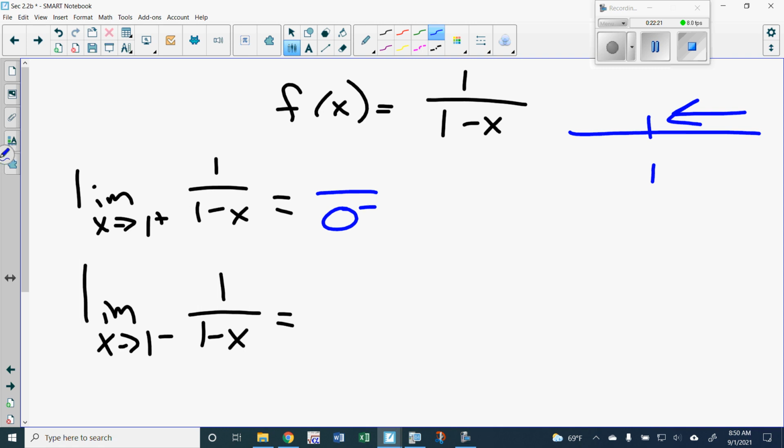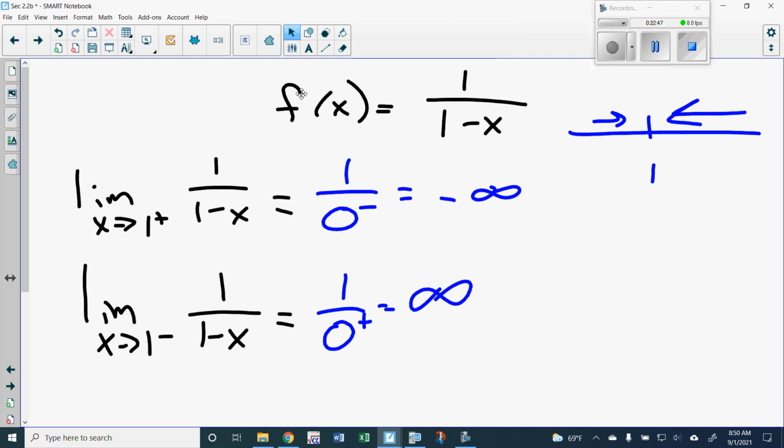Negative. The top doesn't change, so that's 1. So now I have a number over a really small negative, so this is going to negative infinity. Here I am putting in numbers from the left, numbers that are smaller than 1. So when I put those in, the bottom is going to 0 again, but it will be positive, which is telling me that's a positive infinity.